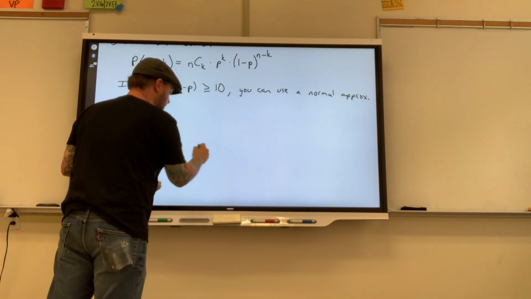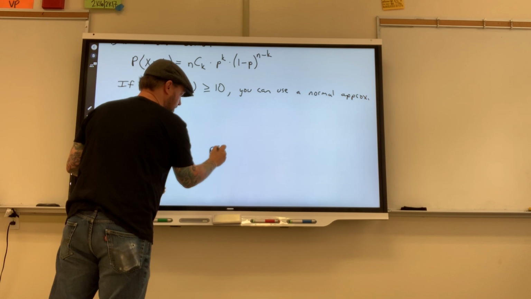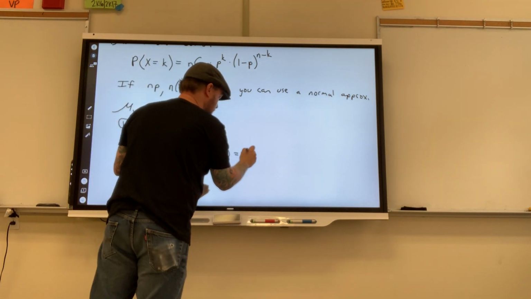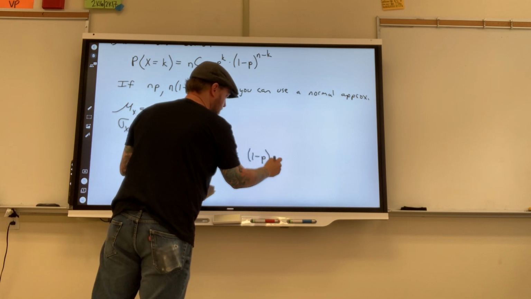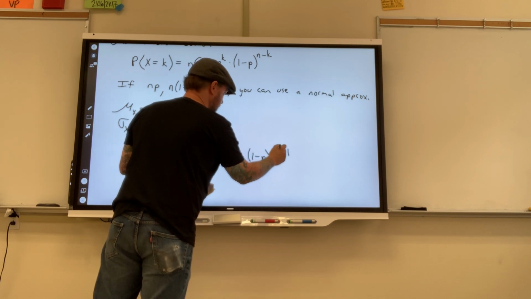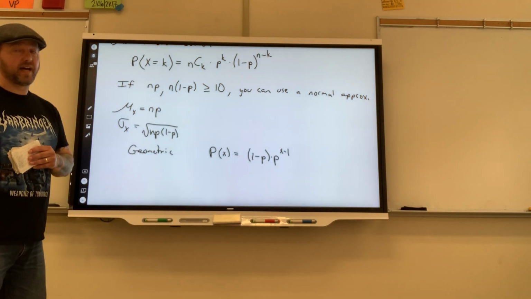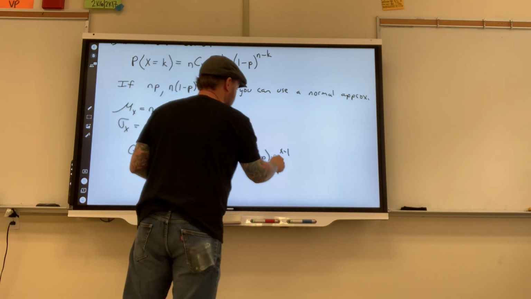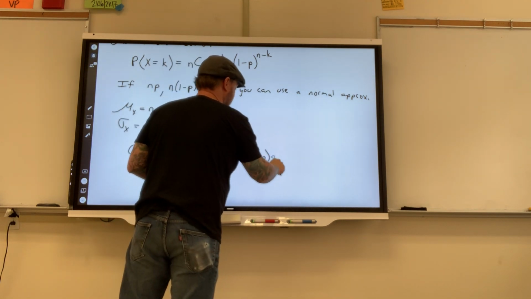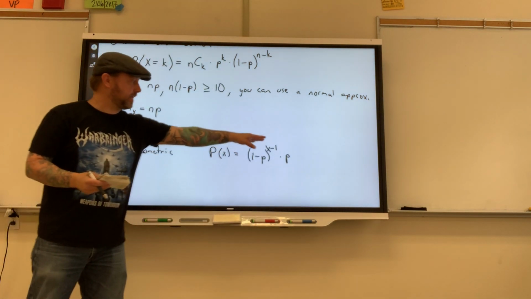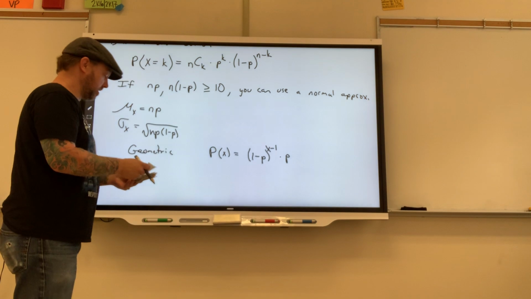So with this, it's that, okay? So that's not right. I did that wrong. That's better. 1 minus p to the x minus 1 times p. Okay.